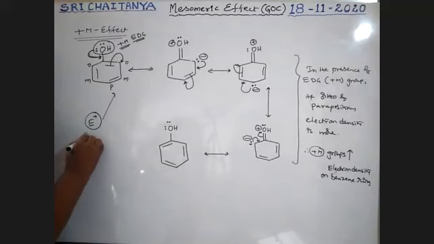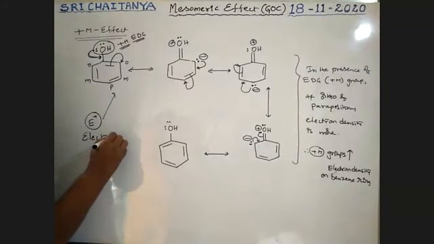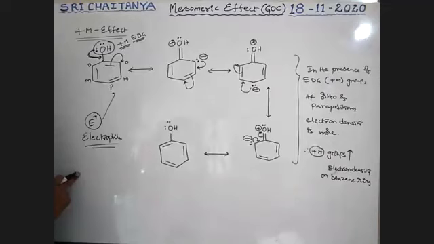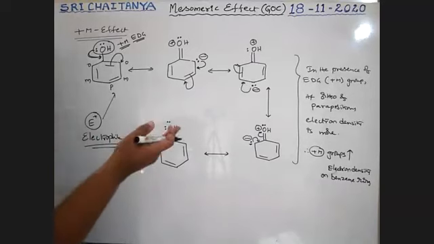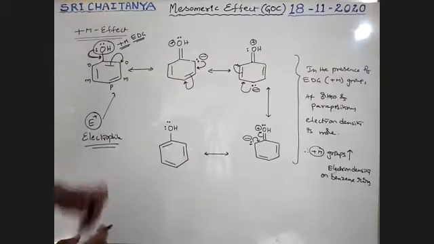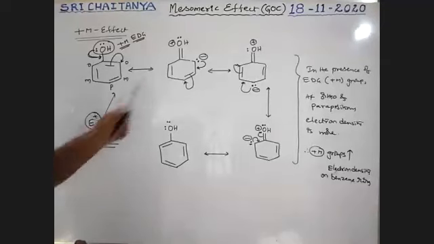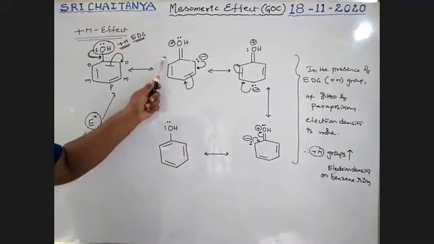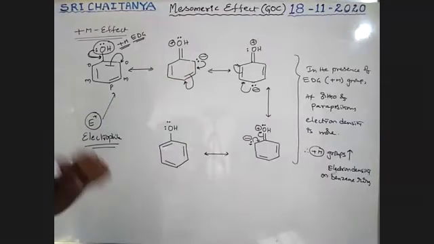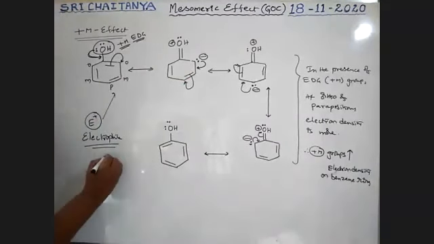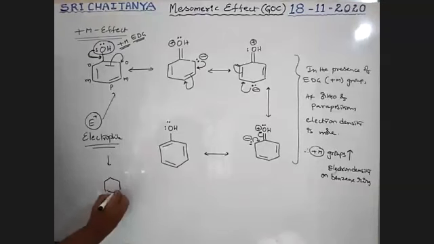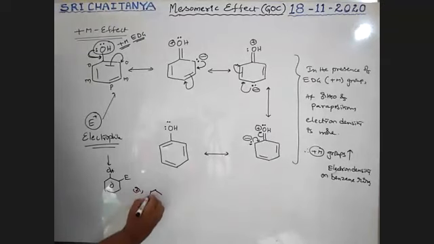If an electrophile, that means a positively charged species, is attacking this benzene nucleus, where is it comfortable? Because it is positive, and negative density is more at ortho and para positions. In this compound, with OH at one position, the electrophile may be at the ortho position or maybe at the para position, boys.